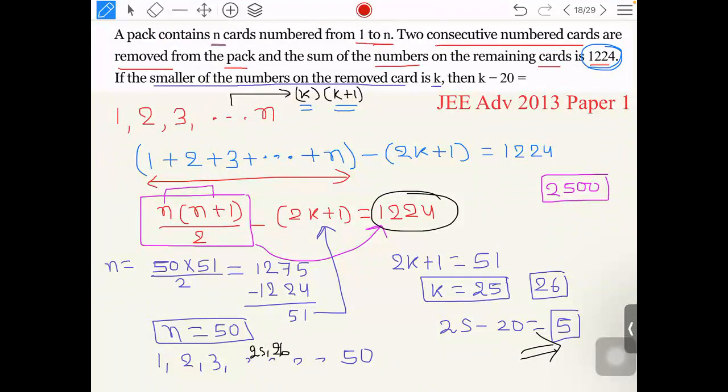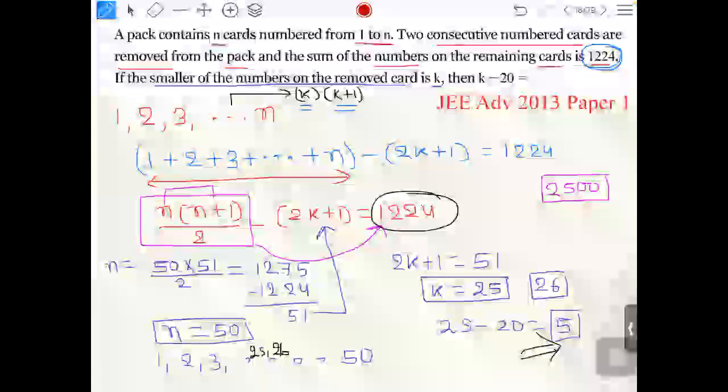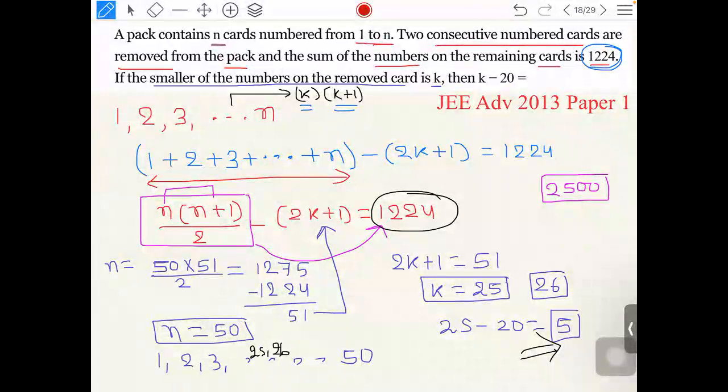I am giving you 1 minute. Try to understand, and if there is any confusion, tell me. Take 2 minutes and understand how we use trial and error in JEE Advanced questions.